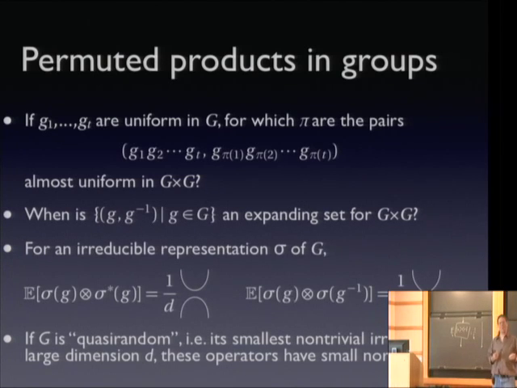So for instance, some of the groups that we like for generating excellent expanders, like PSL2Q, its smallest non-trivial representation is really huge. It's very non-abelian. In that case, 1 over D is small, and these operators both have small norm. And that's kind of all I'm saying. So in particular, if D is large, all of these operators have small norm, so this is a good expanding set.